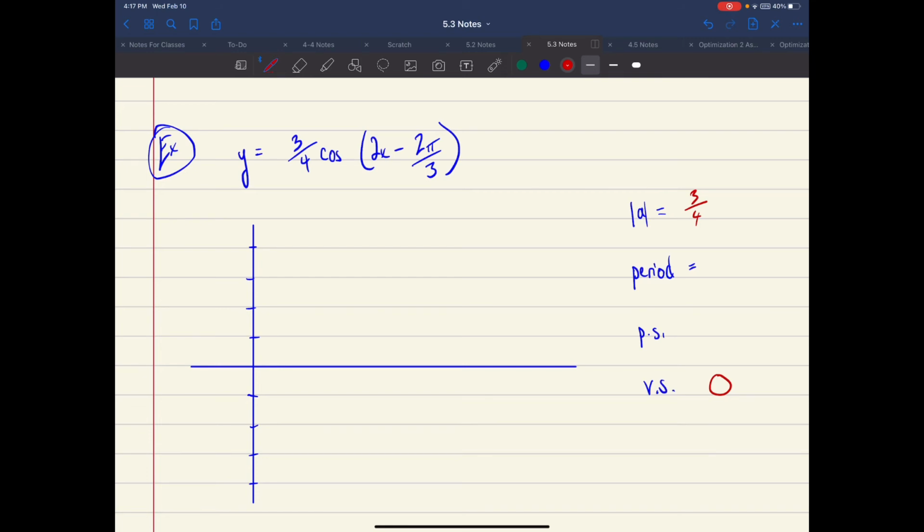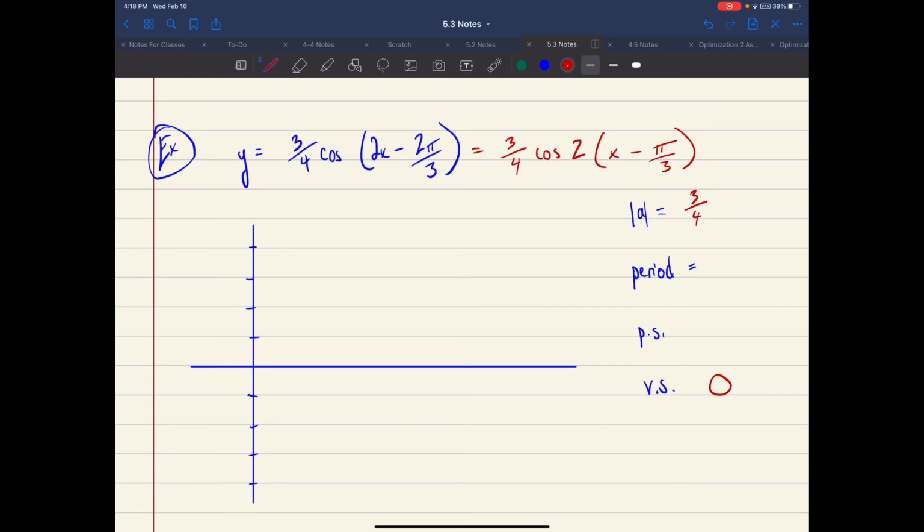First thing I have to do is actually divide out the 2. So 3/4 cosine of 2x minus 2 pi over 3. I need to divide both of these by 2. So I would have 3/4 times cosine of 2, and then in parentheses I'll have x minus pi over 3.